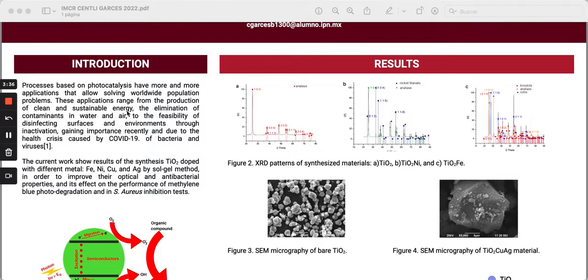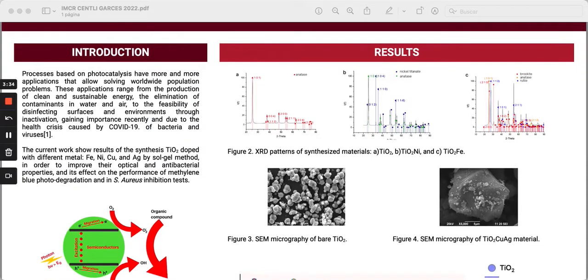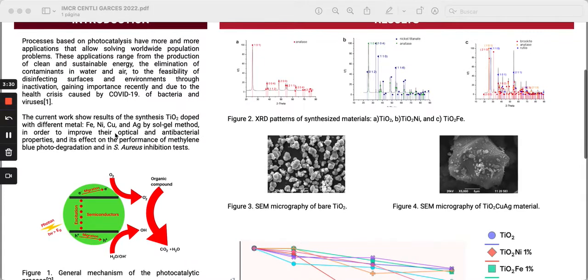Well, the general mechanism of the photocatalytic process is represented by a diagram in figure number 1. This consists of irradiating the photocatalyst with light. When the photon energy is higher than the excitation energy of the catalyst, it is possible to excite electrons from the valence band, which pass to the conduction band.